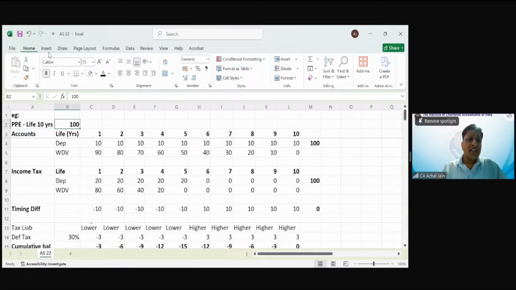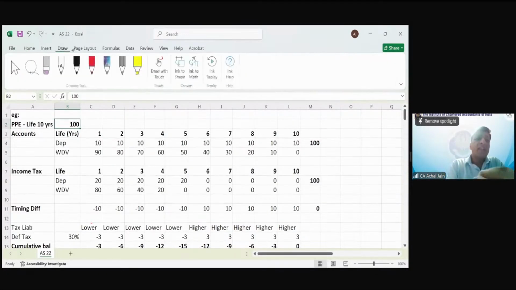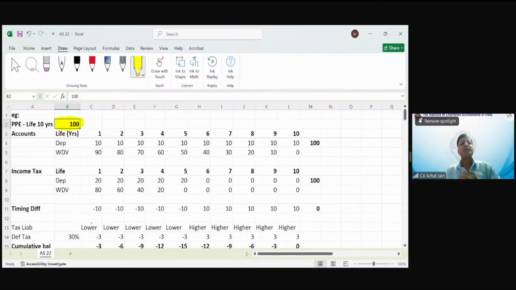So let's suppose there's an item of PPE whose amount is 100. Let's suppose it's a machine. Its life is 10 years as per the Companies Act, or as per books of accounts.